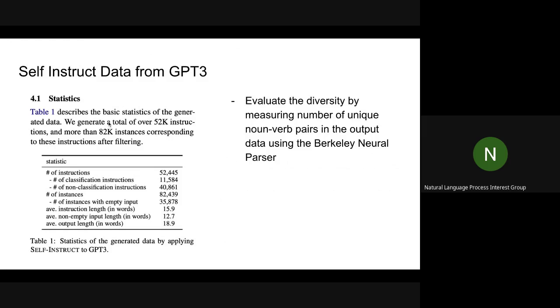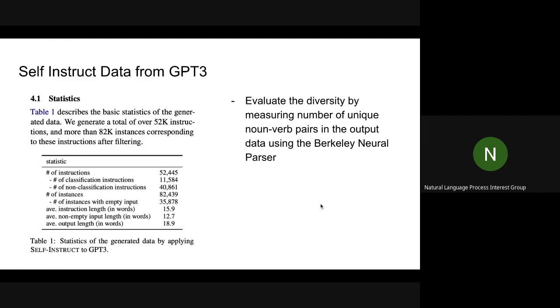So just a little bit about the data set that they generated. It's over 52,000 instructions and more than 82K instances corresponding to these instructions after filtering. So yeah, 52K instructions, 82,000 actual examples across all of the instructions. Just some basic data.